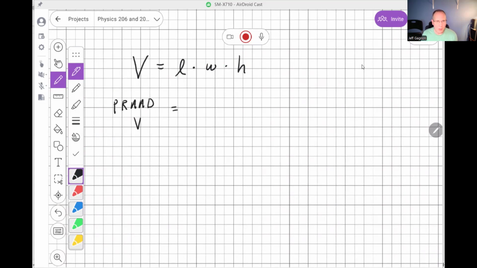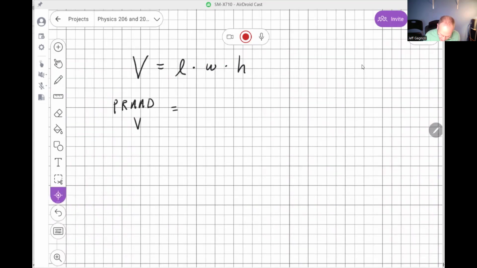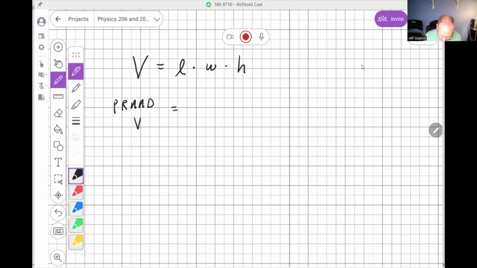So remember the rule, right? Whenever you have an equation that involves either multiplying variables, such as the case here, where we have length times width times height, or this is also true if you divide variables. In this case, we're just multiplying variables. So the rule is if I want to compute the PRAD for this dependent variable here, for the volume, then I have to add the respective PRADs together. So if the variables are multiplied or divided, you have to add their respective PRADs.